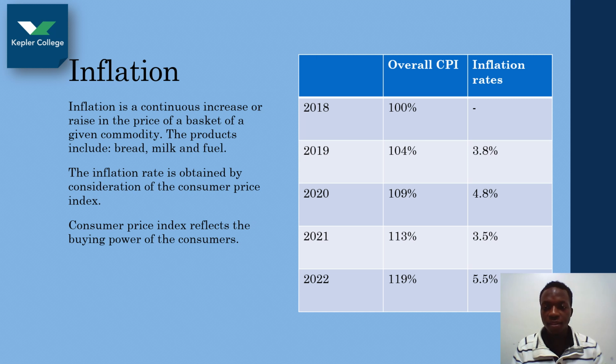In the scenario we were provided with mainly three products, for which we had to calculate the CPIs for 2018 to 2022, taking 2018 as the base year for the buying or the selling of these products.